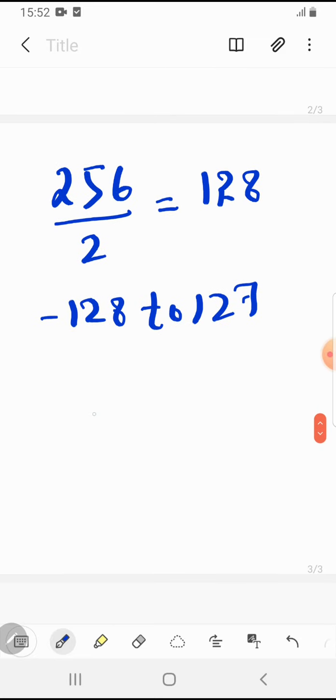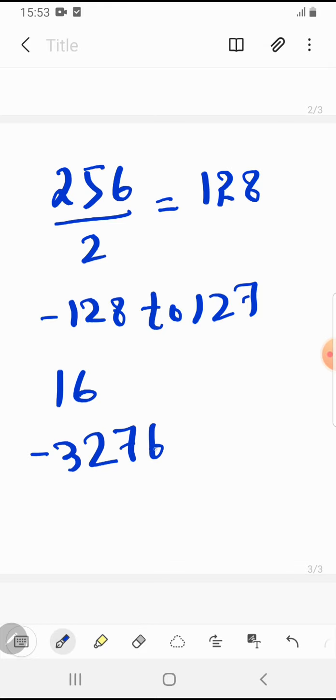Similarly, for the 16-bit number system, the range of the signed integer is from minus 32768 to 32767.